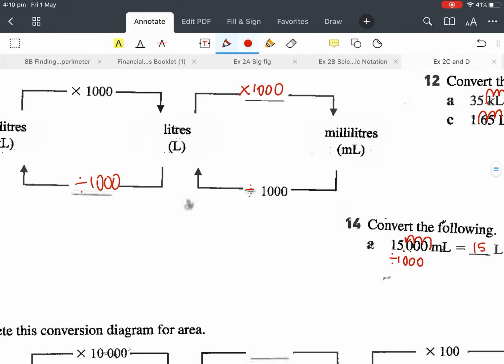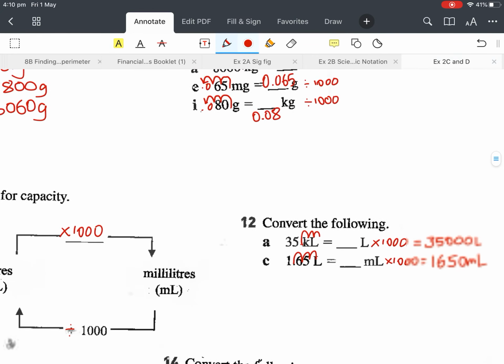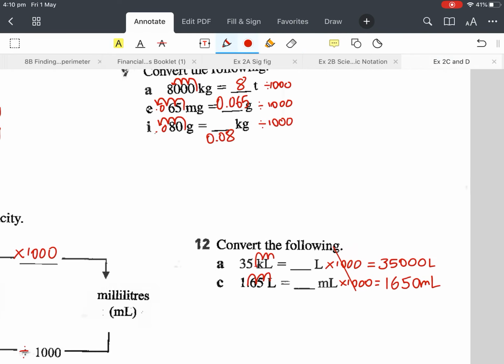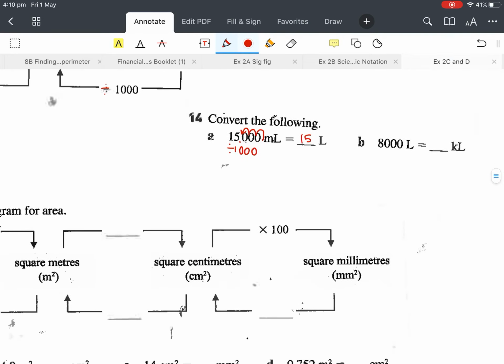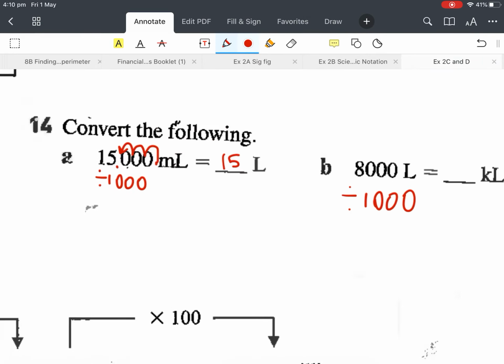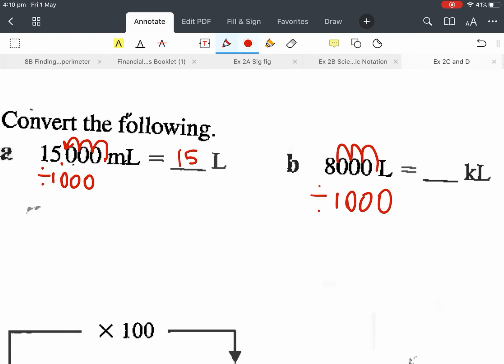Litres to kilolitres. Yep. Sorry about that. It's just going all over the place. All right. Come on, pen. All right, so this one here, I've forgotten what to do now. I'm hoping it's divide. 1,000, yes it is. Sorry, a bit tired. 1, 2, 3. So that's 8 kilolitres.